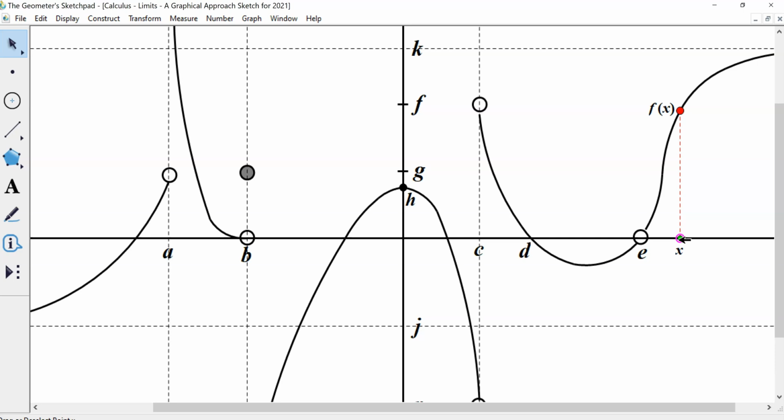But when we do a limit, we're not saying what's the Y value when x equals E. We're saying what does the Y value get close to when x gets close to E. So as we get closer and closer, but not equal, we're getting close to 0. So even though right here, there is no Y value, I don't see the red circle anymore, the limit still exists.